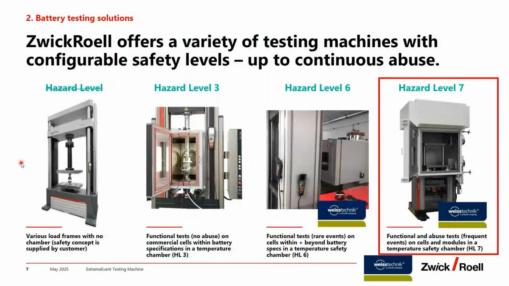For this, I can show you what kinds of testing machines we can offer. If a customer wants to do their own safety concept and just use our material testing machines, without any hazard level from our side, you can use our whole product portfolio from ZwickRoell, from a minimum of 500 newtons up to 2,500 kilonewtons.